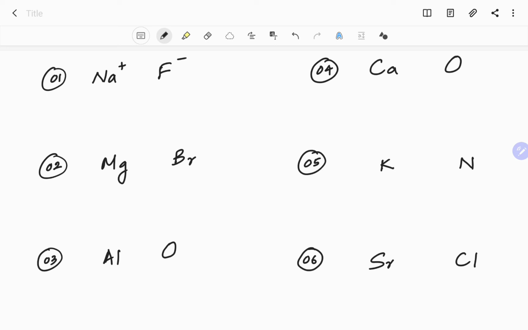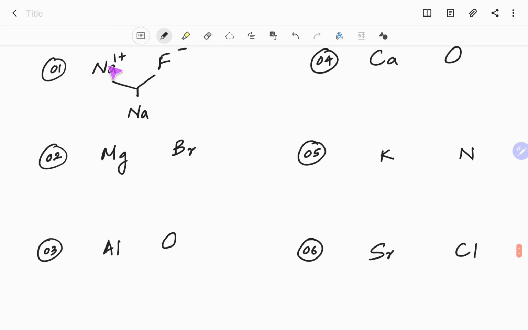I'm not going to explain all these questions like that, but this is the last time. All right, so let's write the formula. You will write the metal cation first, and then you swap the charges. They are both 1. Even though you can't see it, it is 1. We don't write 1, just write the symbol.